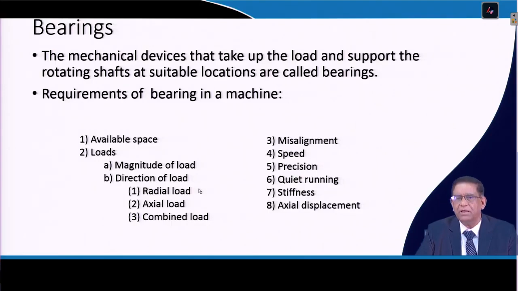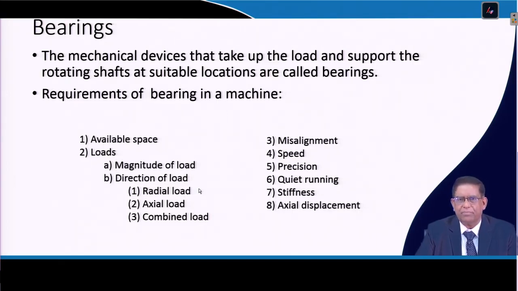Then vibrations and a lot of noise will come, a lot of energy will be dissipated, you will be consuming more fuel or power, and ultimately your total productivity will get affected. By premature failure, you will incur more maintenance cost. So, that is why you have to take proper care of the bearing.